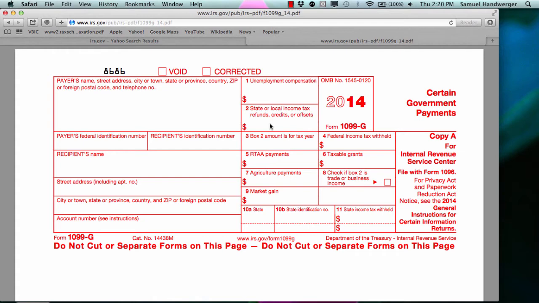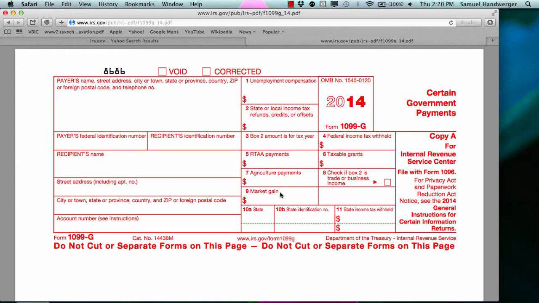And don't think I'm not going to ask a question on the tax benefit rule, maybe as a polling question. Box 2 says, or box 3 will tell you for what year the refund is, just so the federal government can keep it straight. Sometimes income taxes are withheld on unemployment compensation, so the federal government wants to know how much was withheld because you get a credit for that. And you can see there's other types of payments that go on here that we're not going to talk about today, as they rarely occur.